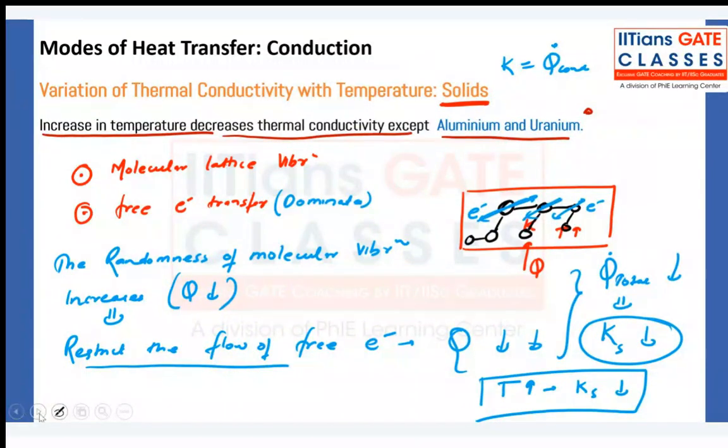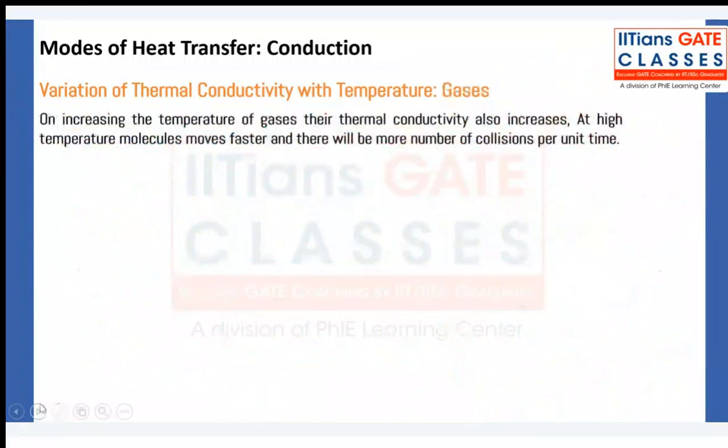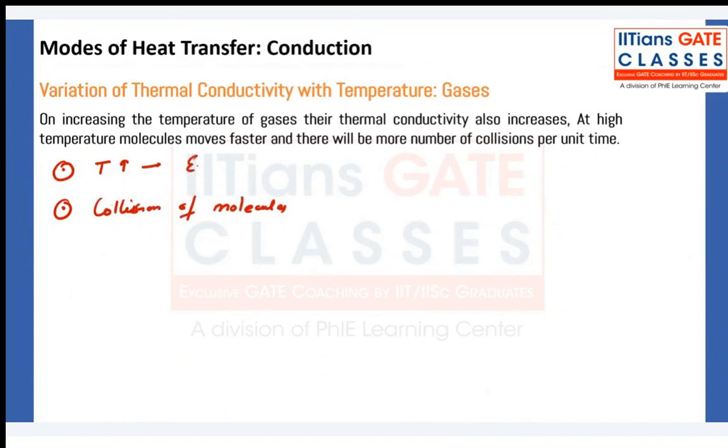चलो अब हम आते हैं गैसेस पे. So what happens in gases? We all know that as you increase the temperature, heat transfer happens because of collisions of molecules. Okay, as you increase the temperature, the energy level of molecules will increase.